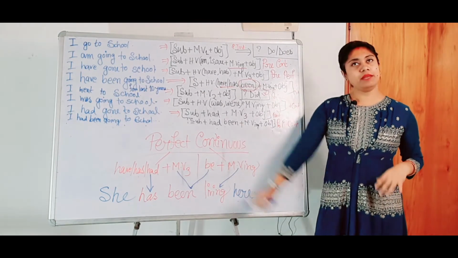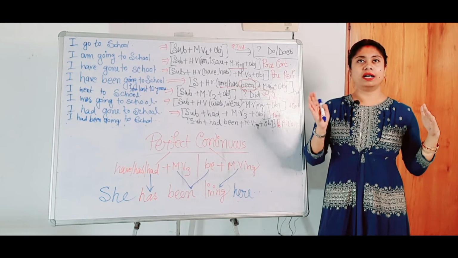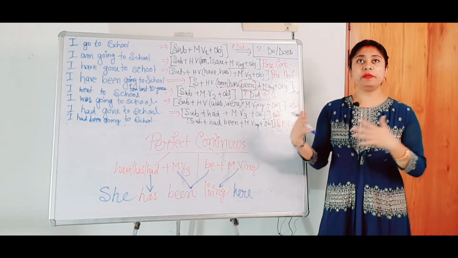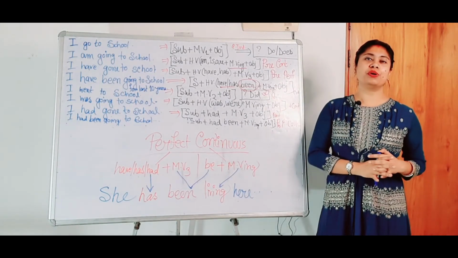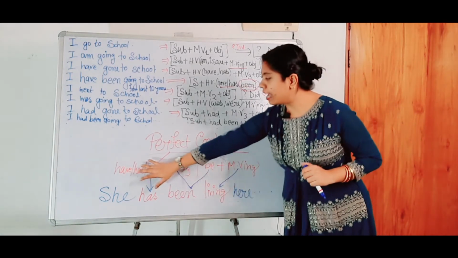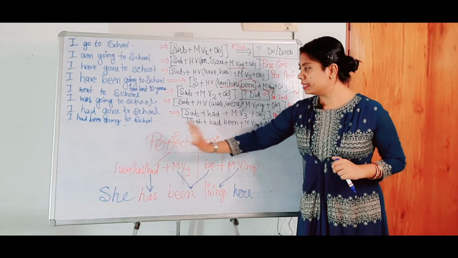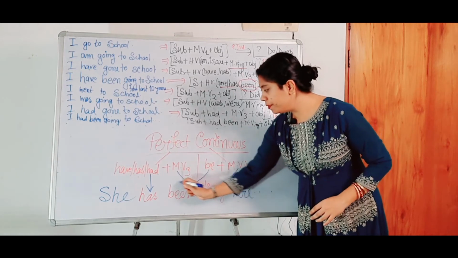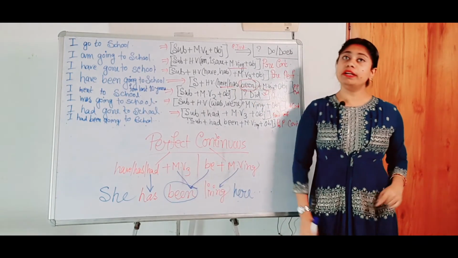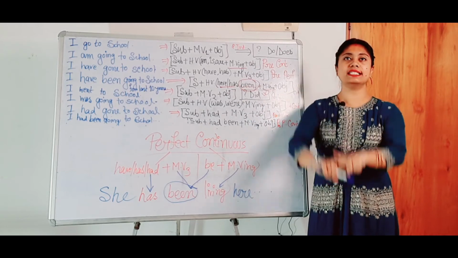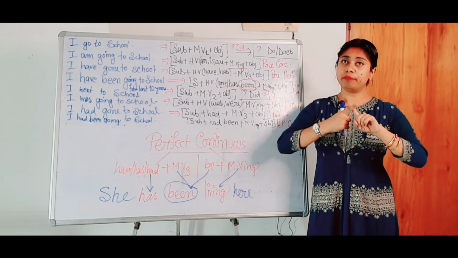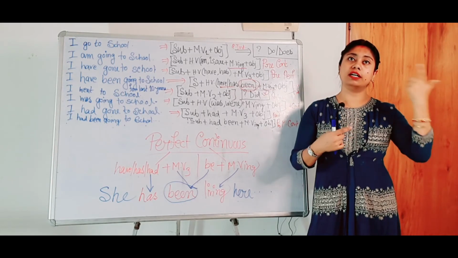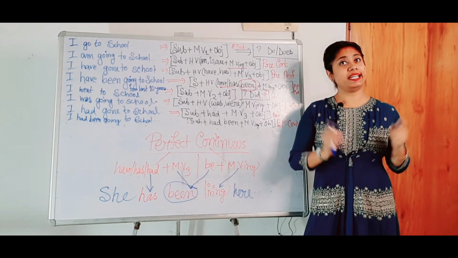You can see in perfect continuous tense, it is written like has been going, have been coming, had been completing. So see, have, has, the perfect tense formula, have, has and main verb 3. So been is the common word of these two tenses. Here been is written as the third form of the be verb, that is been.